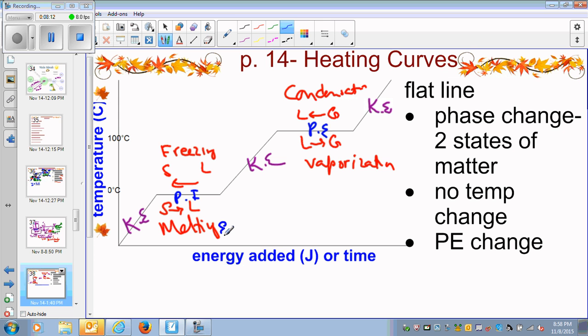These are endothermic going up, and it's exothermic coming down.